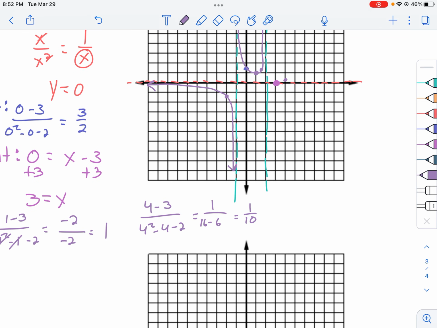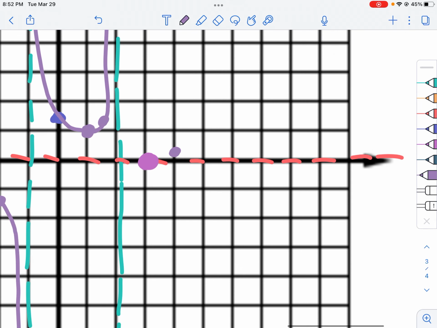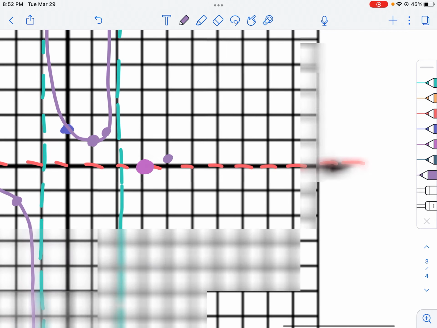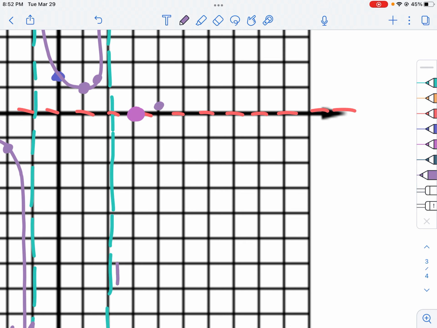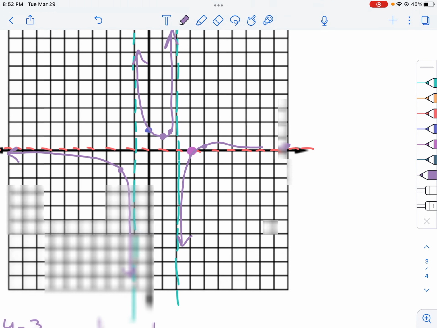Okay, so that actually gives us enough information to say what happens on this section. We're actually going to come up from the vertical asymptote, go through the x-axis, and then it's going to curve back down and follow the horizontal asymptote.